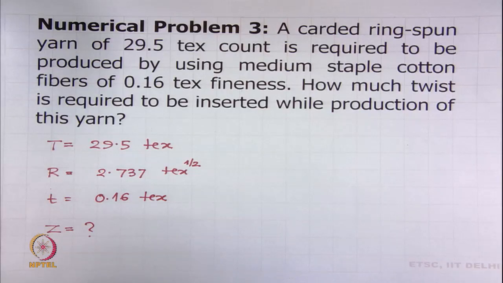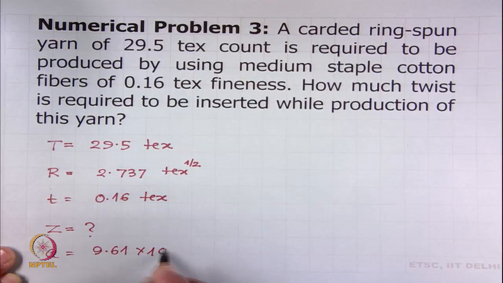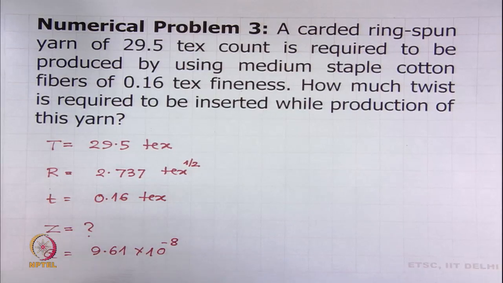And the value of Q is also given, is it not? The value of Q is, for carded ring yarn, 9.61 into 10 to the power minus 8 meter square.